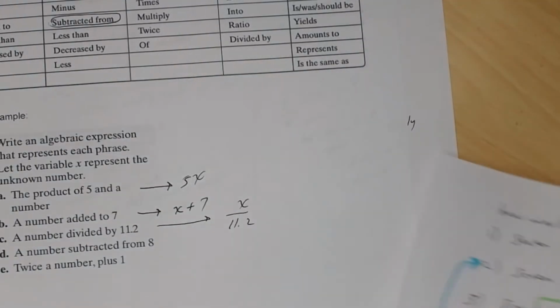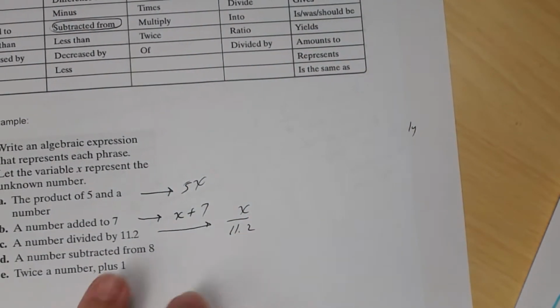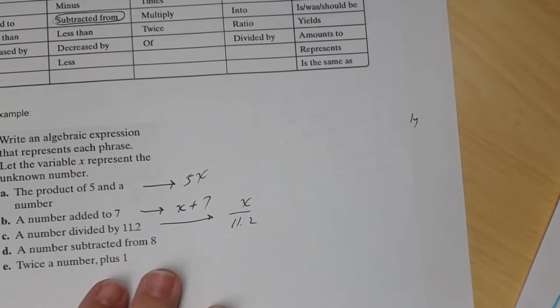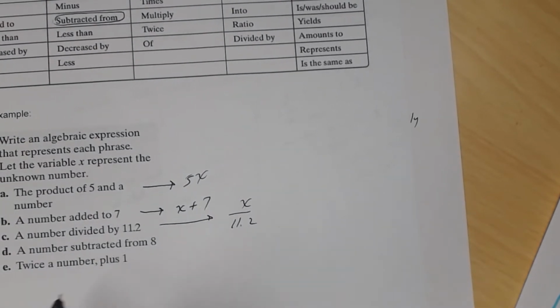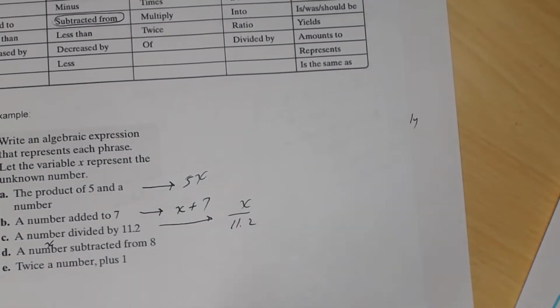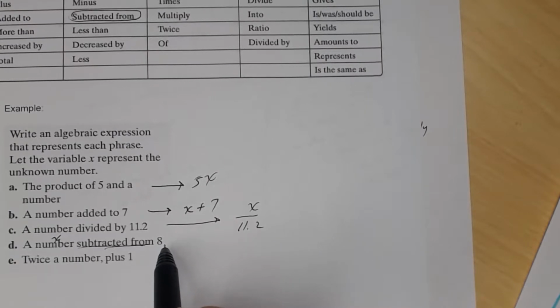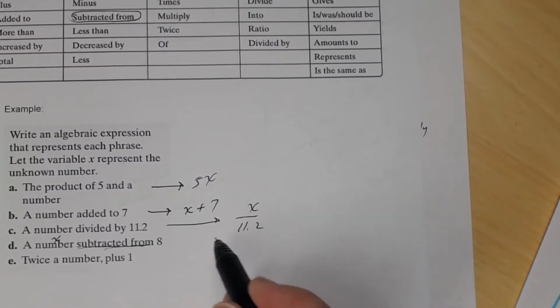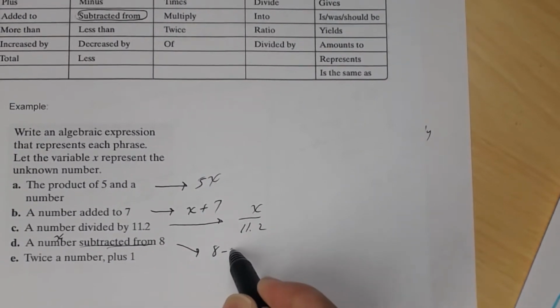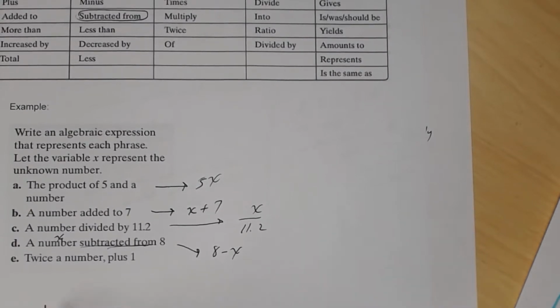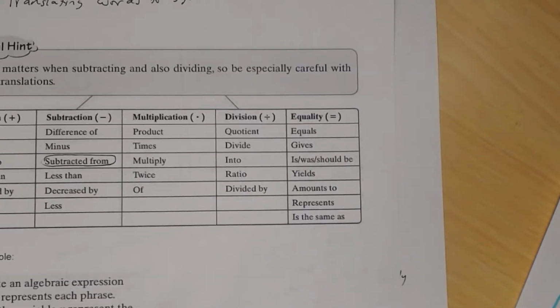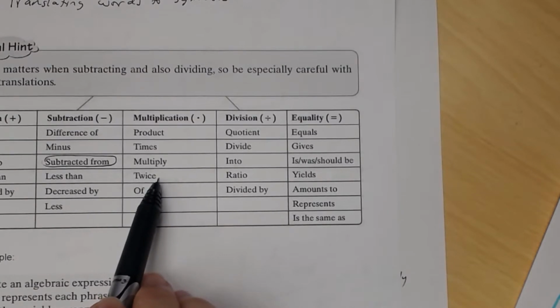Okay, so I think that's all I need to talk about in terms of these words. Now let's go back to letter D. A number subtracted from 8. So remember, a number is going to represent x. But remember how we write the words subtract from. So when you see subtract from, the number or expression following the words subtract from will be listed first. So the answer is going to be 8 subtract x. Twice here is a multiplication.